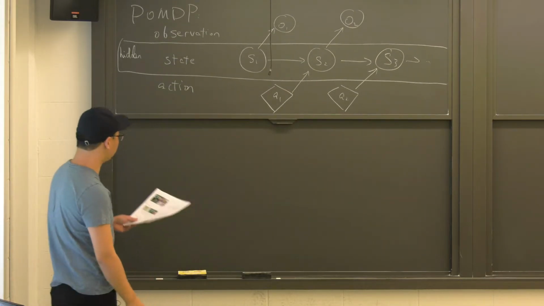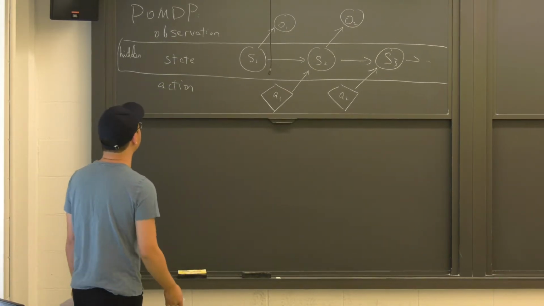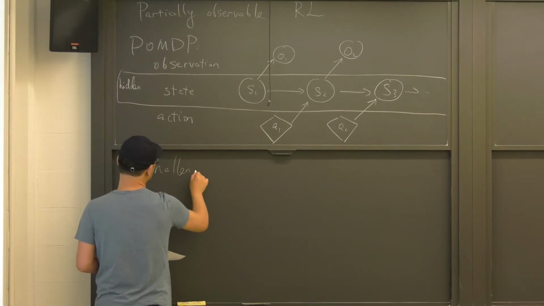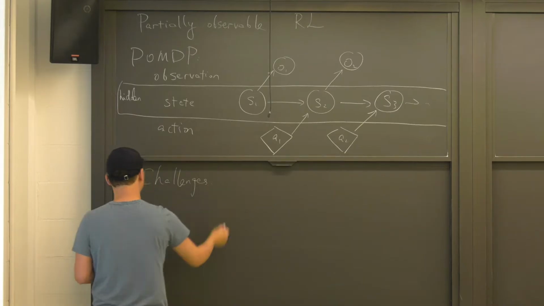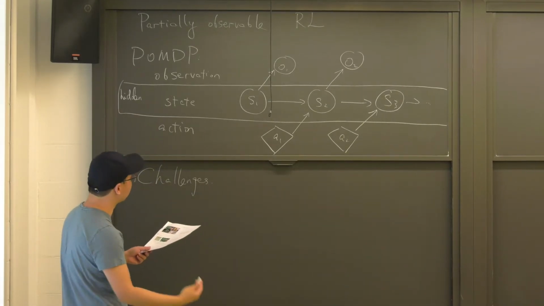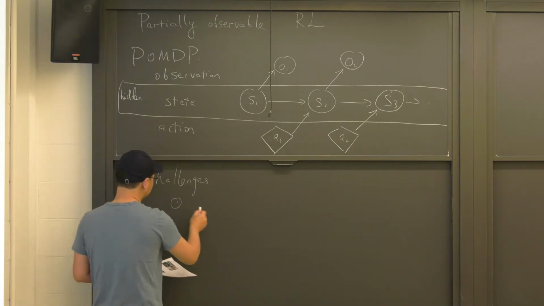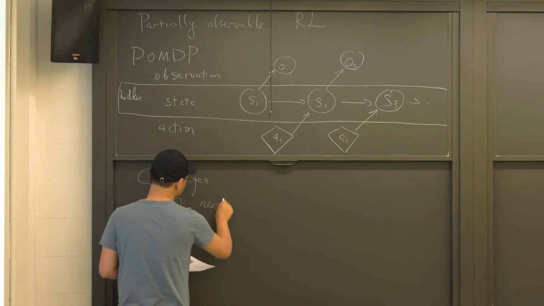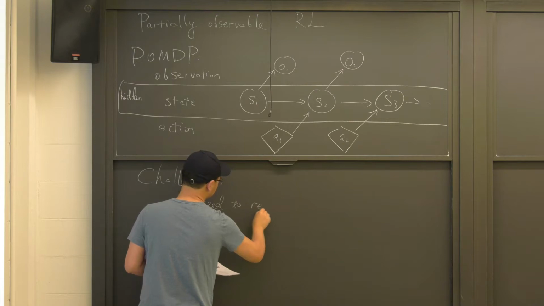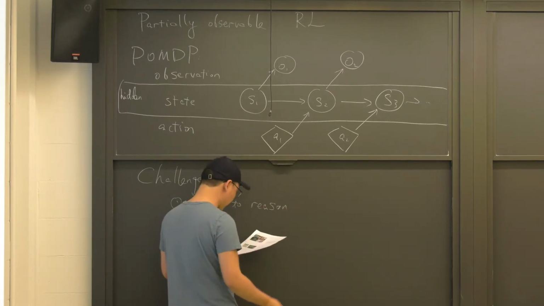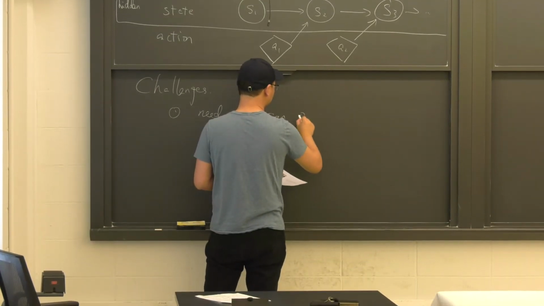Now we talk about major challenges in this partially observable reinforcement learning setting. The most important thing that makes it different from the fully observable scenario is we need to reason about the distribution of states.